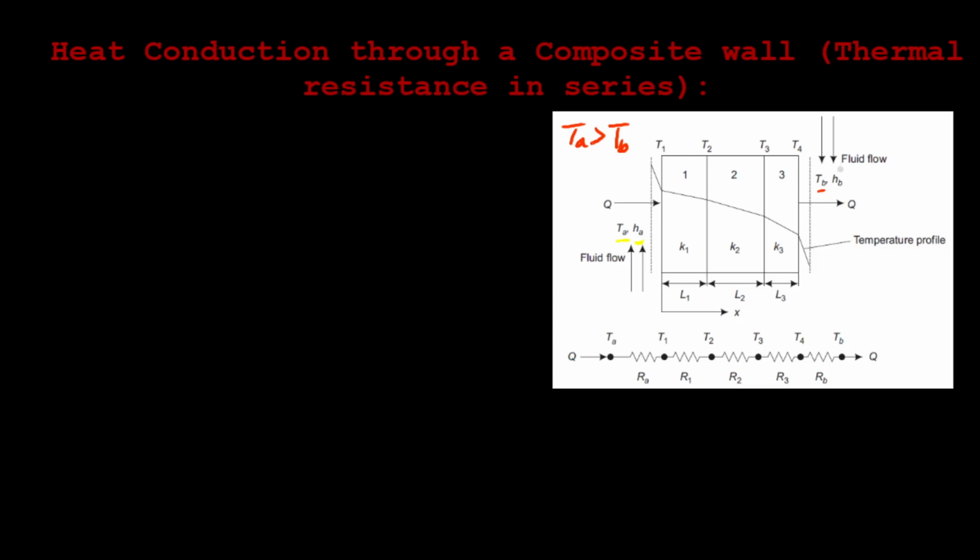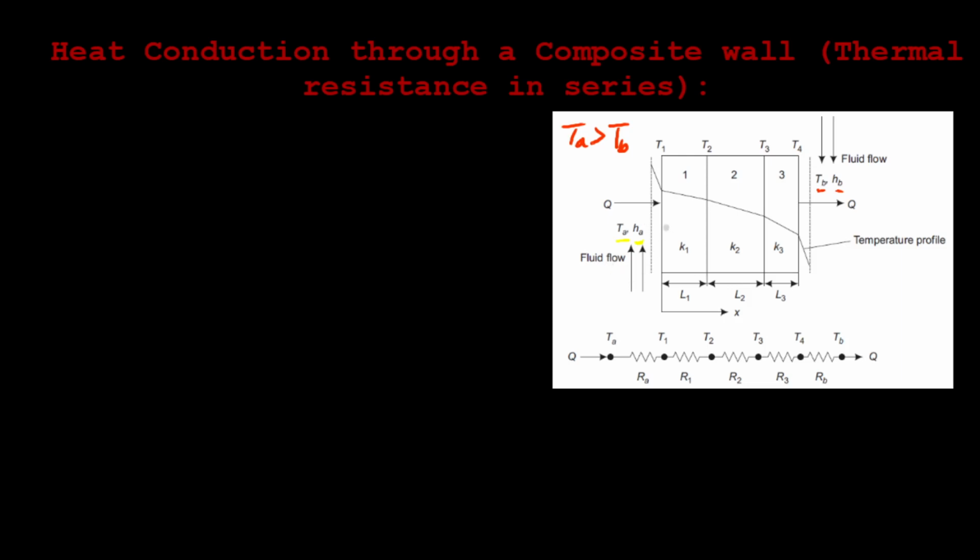On the right extreme side we have another fluid at temperature TB and it has a heat transfer coefficient of HB. So on either side we have a convective boundary condition for this problem. Now let us estimate the heat transfer rate through each layer.